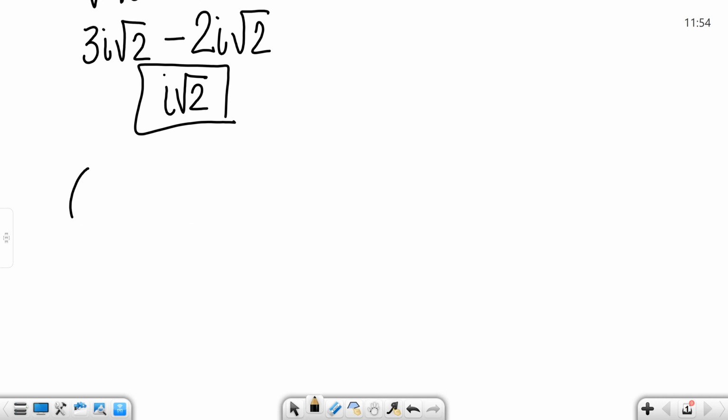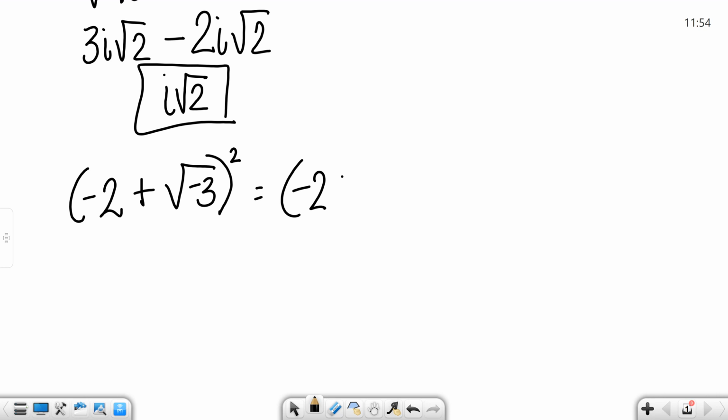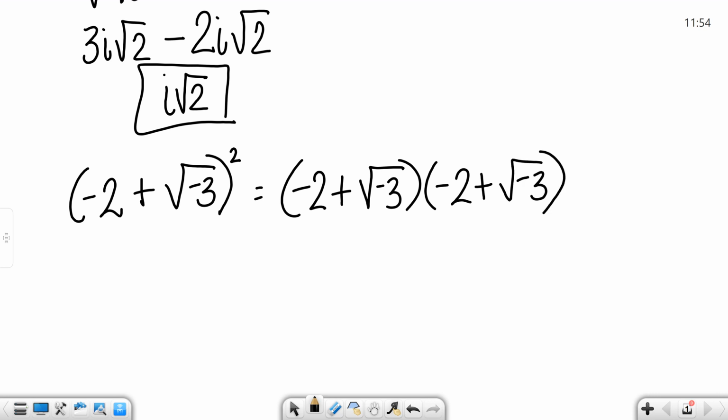Okay, let's do one more. If we just have a binomial and we are asked to square it, what that means is we are asked to say negative 2 plus the square root of negative 3 times negative 2 plus the square root of negative 3. That's what squared means. So now you have to do a big FOIL problem.